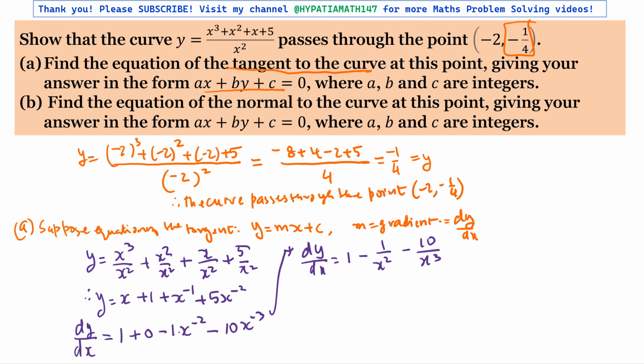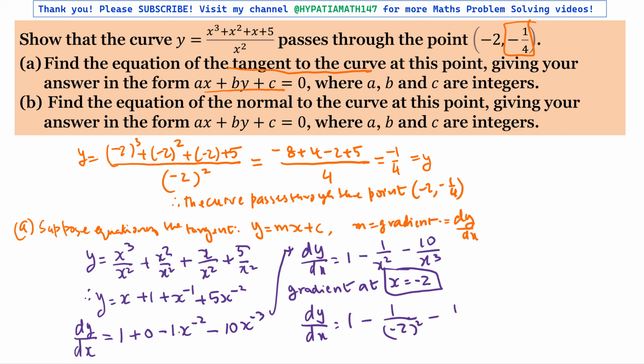So the gradient at x equals -2. dy/dx equals 1 minus 1 over (-2) squared minus 10 over (-2) to the power 3.